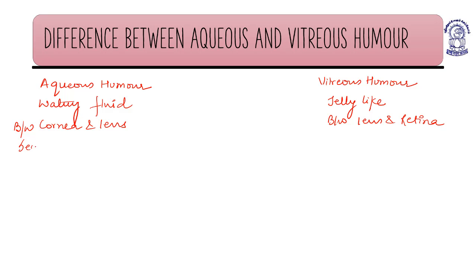Aqueous humor is secreted continuously by the ciliary process and drained in the canal of Schlemm. It is not replaced.